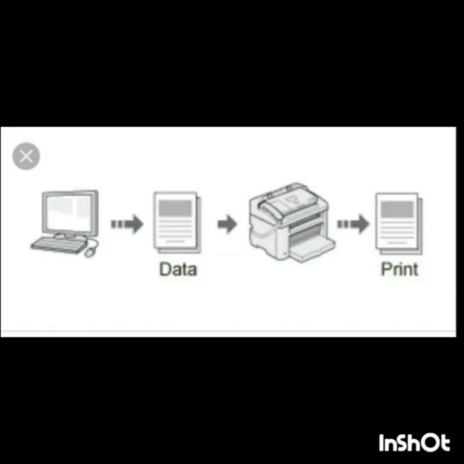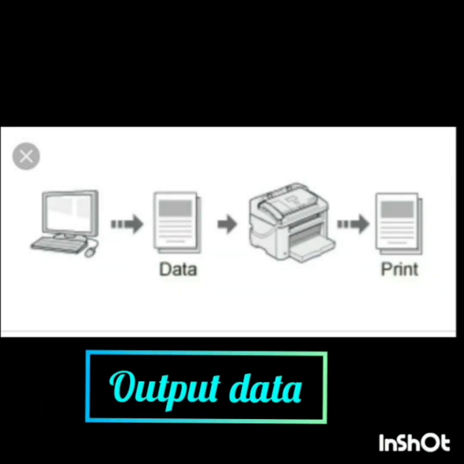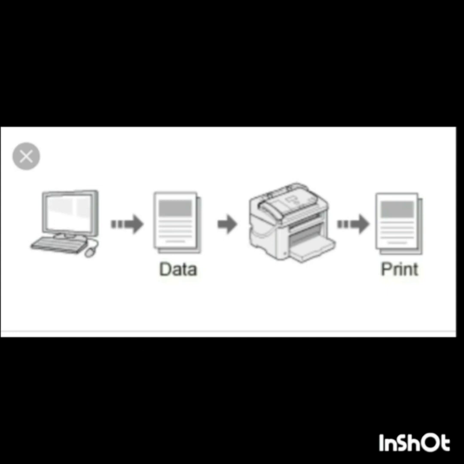Then the output data. Students, tell me what we did in the first process of the working of a computer. Yes, the first process is enter data, process data, store data. It means entering data in the computer, processing it, then storing it.